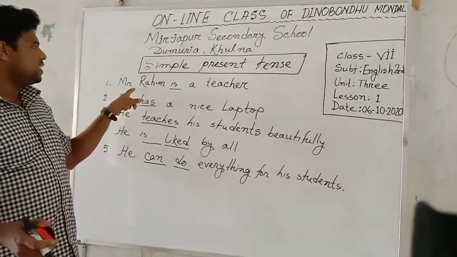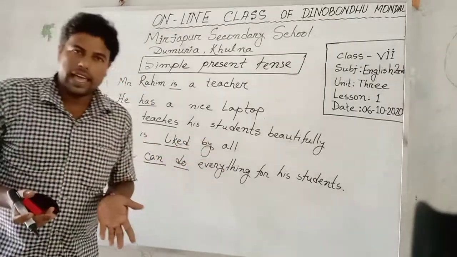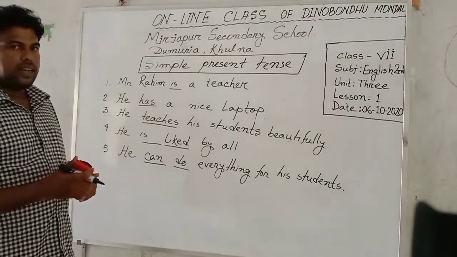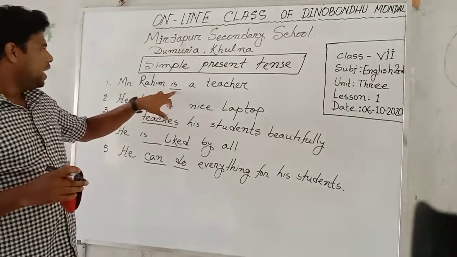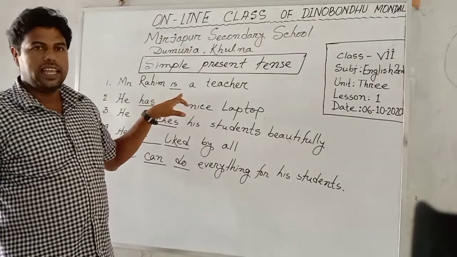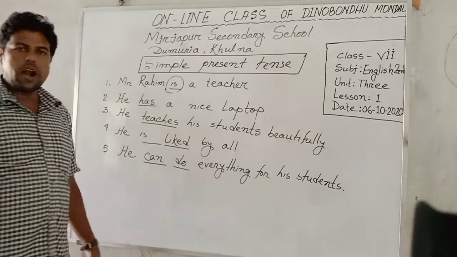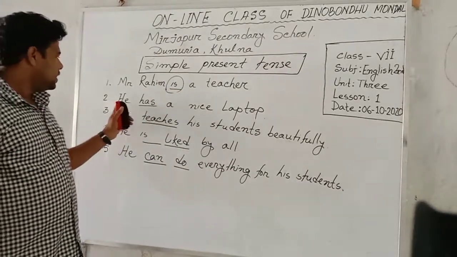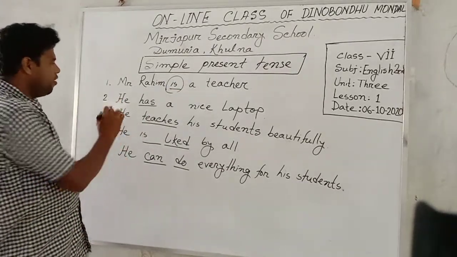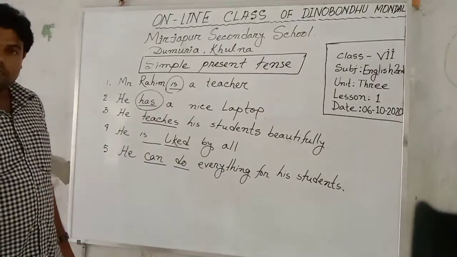I have written these sentences for example. Here, Mr. Rohim is a teacher. Is, that means this is the verb. After that, he has. Has is the verb.